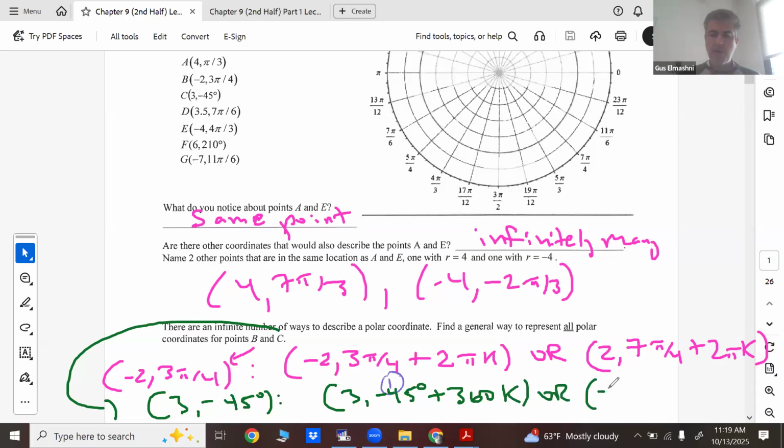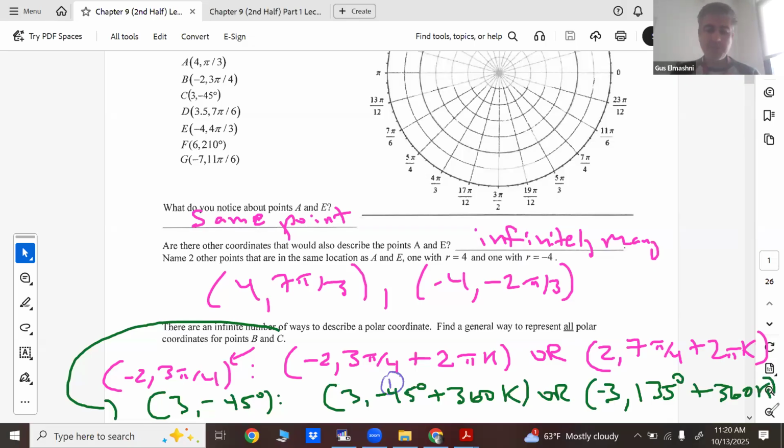Or if I put negative 3 for my r, so negative 45 is over here. If I reverse 180, I'm at 135, right? Or just add 180. That works here. Subtract 180. I don't really care. You didn't have to say 135. You could have said 495 or negative 225. It's all the same because k is an integer. So k can be positive or negative.